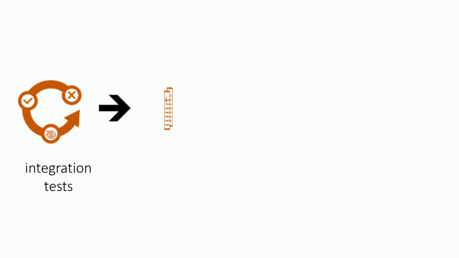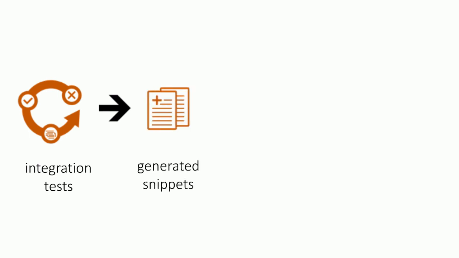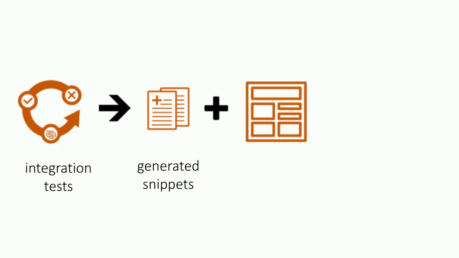Then, once you get all these request responses, this can generate snippets. These snippets are just small pieces of AsciiDoc code, which can be used in a manually written template. The template talks about, for instance, how you should use your API in general, what the API is about, but not specifically examples.